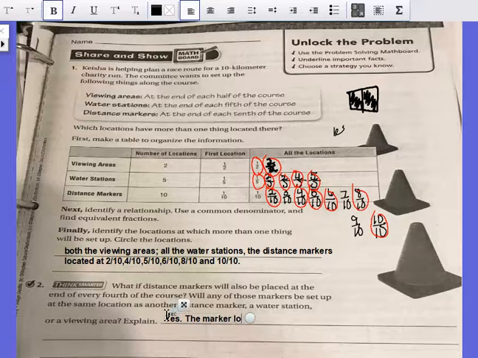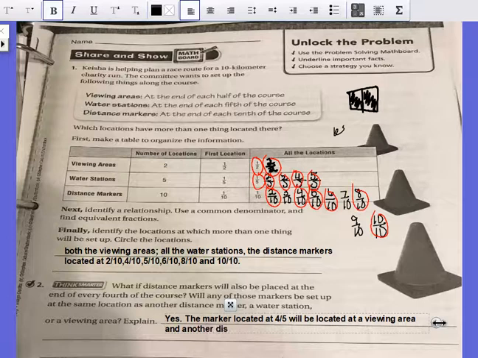The marker located at 2/5 will be located at a viewing area and another distance marker. And then the marker located at 4 will be located at the last viewing area, water station, and distance marker.